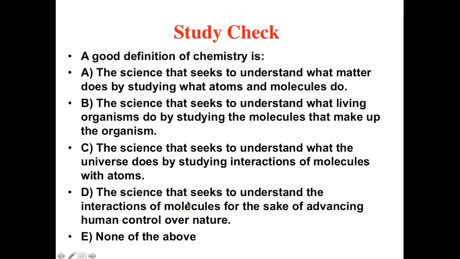They observe something and then they go about studying it, formulating their hypothesis, collecting data to support their hypothesis, and so on, all right? So this is also not a good definition for chemistry, and therefore A seems to be the only answer that fits well as a proposed definition for chemistry.